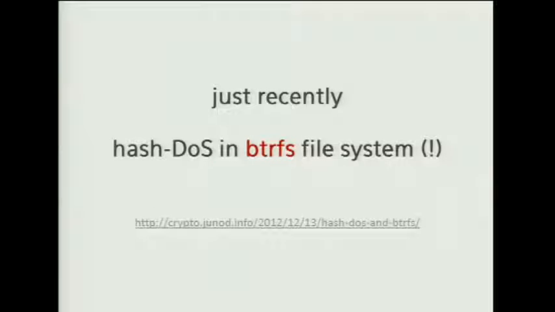And yeah, they even appear in places where you don't actually think about hashing. So Pascal Junod recently found this nice attack on BTRFS. And you could ask me right away, so if they're that bad, why don't we use something else? And Dan already talked about this. I think it's that this dream of constant time insertion and access is pretty attractive.